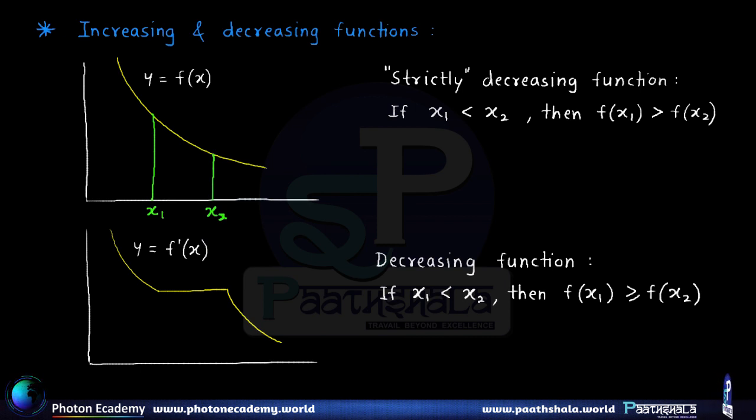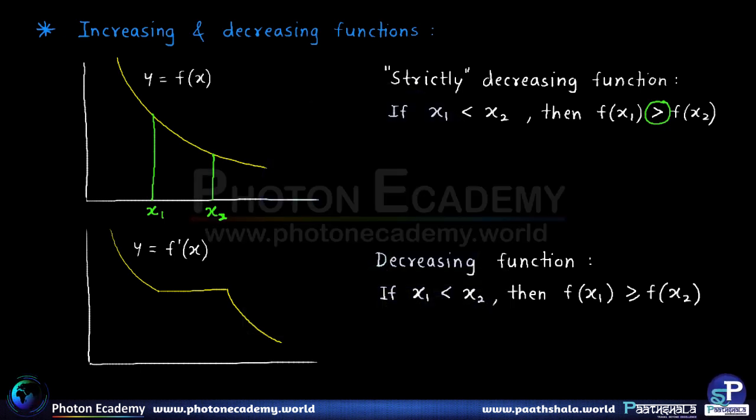So in a strictly decreasing function f of x1 should be greater than f of x2, whereas if we just say decreasing function, then for x1 less than x2, f of x1 may be greater than or equal to f of x2, right? So this is how we are to understand increasing and decreasing functions.